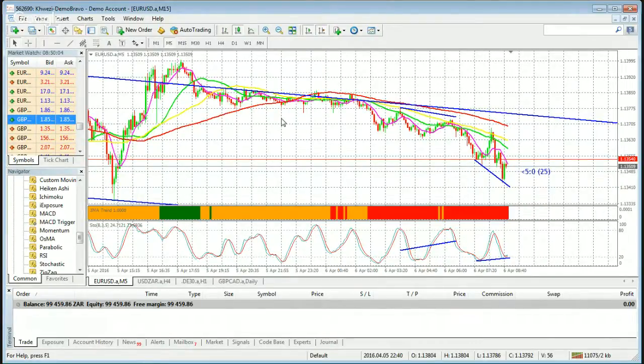Okay, so it's going to be another 5 minutes before we really know. The crosses happen at the bottom here on the stochastic. So we've got a confirmation of the divergence.